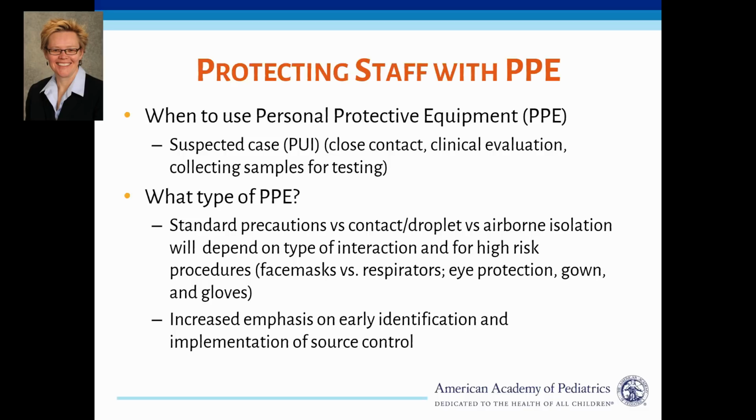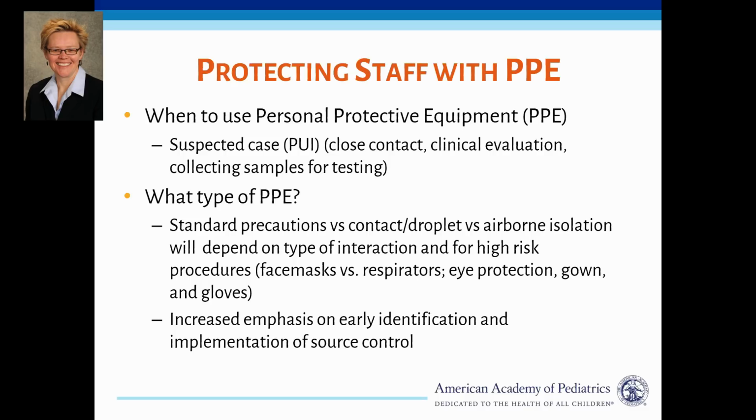The differences in PPE really depend upon what your risk of exposure is. We know that if you are doing an aerosolizing procedure, such as obtaining a respiratory specimen or intubating a patient or doing bronchoscopy, those are high-risk exposures. And so that's where in the hospital setting, it's easier for us to utilize respirators such as PAPRs or N95s in addition to face masks.